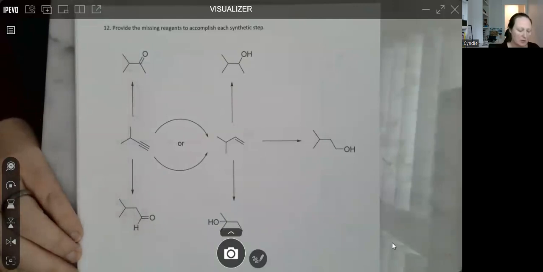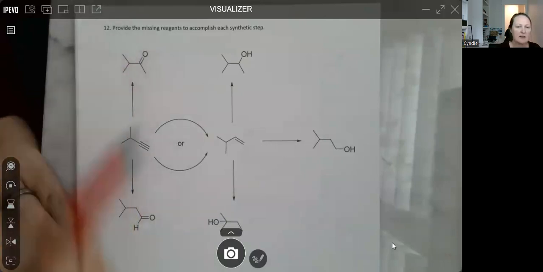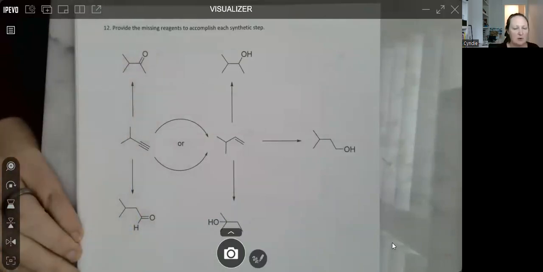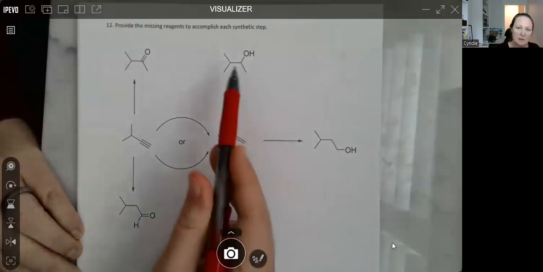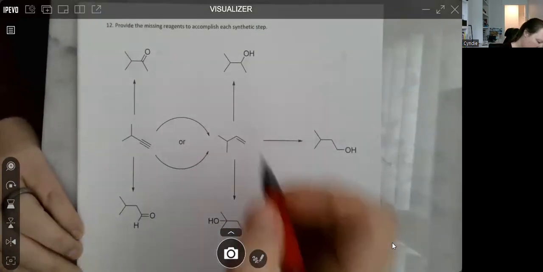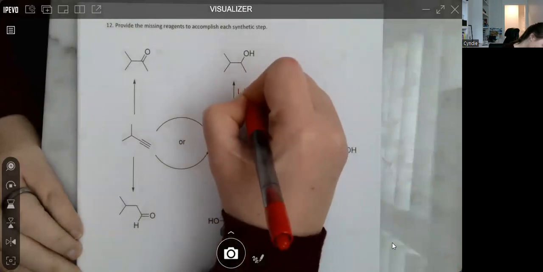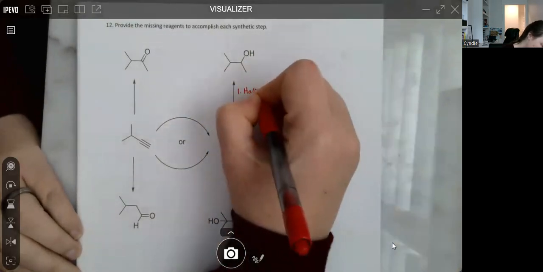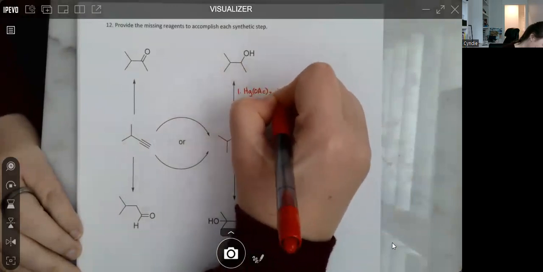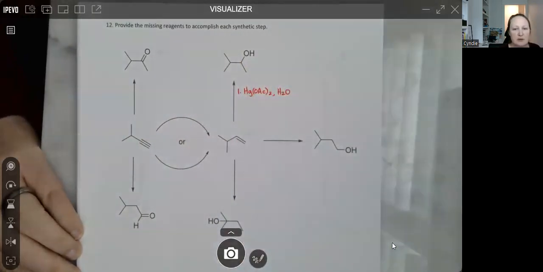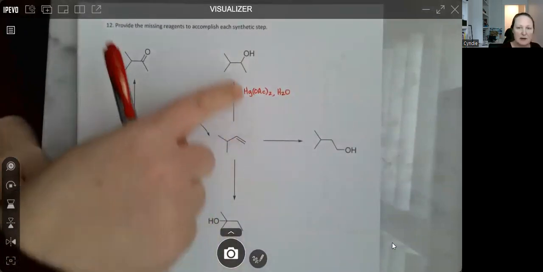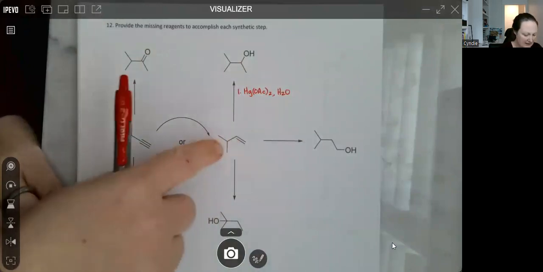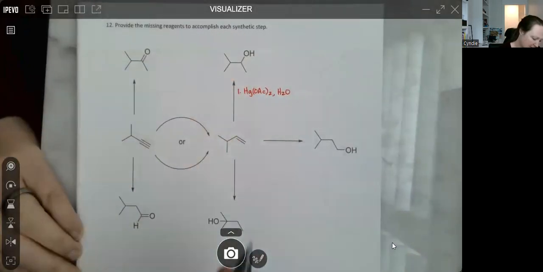If we want to get the Markovnikov hydrate, we want to use conditions similar to what you would see with an alkene. With an alkene, if we were doing the Markovnikov hydration, we would do oxymercuration, demercuration. And again, we would want to make sure to use conditions that avoid rearrangement on a substrate like this, because this is giving us the non-rearranged product.